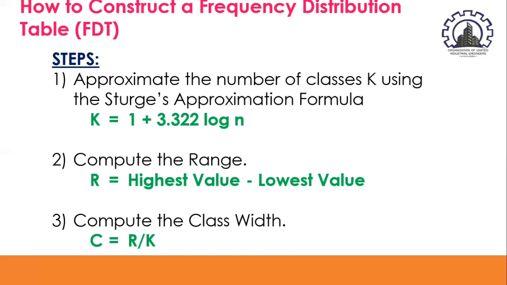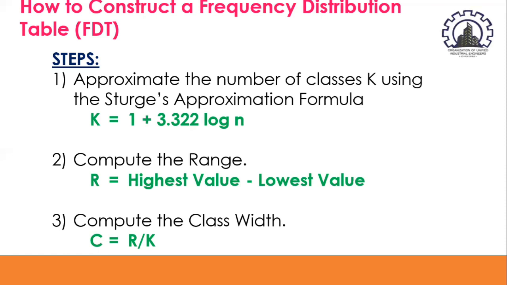The formula for Sturges approximation is K equals 1 plus 3.322 log n, where n refers to the total number of observations. So if you are given a particular number, all you need to do is plug in the total number of your observations to your n. That's how you calculate your K.